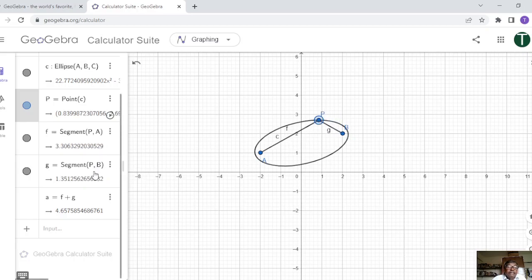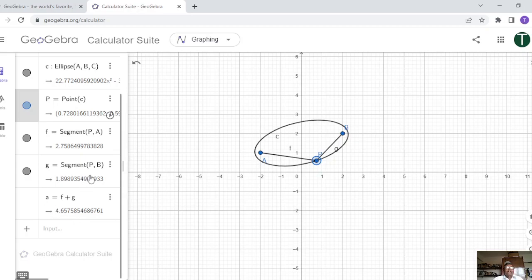That is, F and G values become different. When P is nearer to B, this becomes less, this becomes more, no doubt. But look at F plus G, that is this length. Does it change as I move P? No. Although the value of F depends on P.